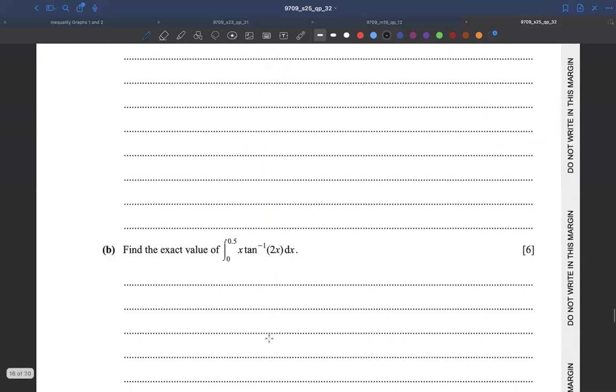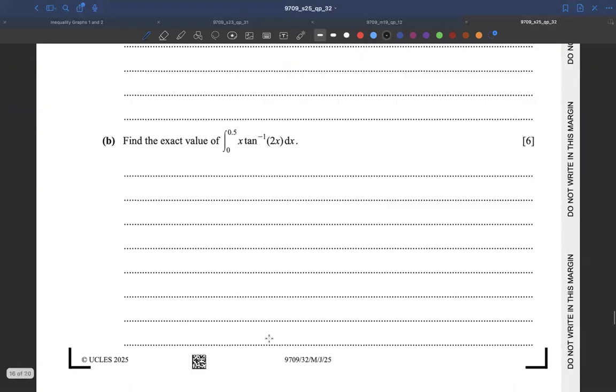Now in part B, we have to find the exact value of the integral of x tan inverse of 2x dx. We'll have to use integration by parts over here, and we know that if we have the term 1 upon x squared plus a squared, when we integrate this, we get 1 upon a tan inverse of x upon a.